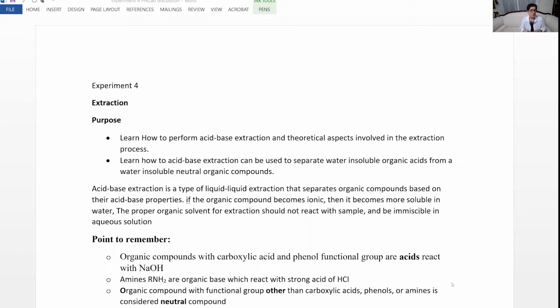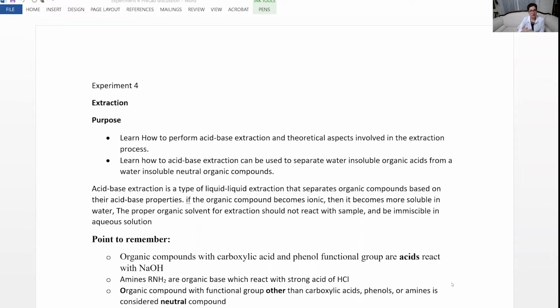Extraction could be for purification of a solid, or it could be purification of a liquid, as long as the component of the mixture or the sample and the impurity have different pH or different acid-base property.